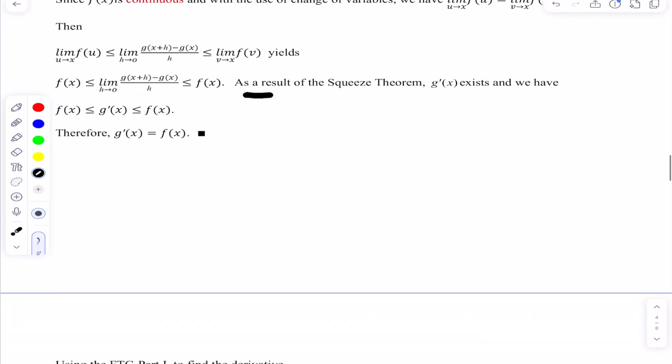As a result of the squeeze theorem, the derivative of g exists, and we have the derivative of g between f of x and f of x. Thus, the derivative of g of x must equal f of x.